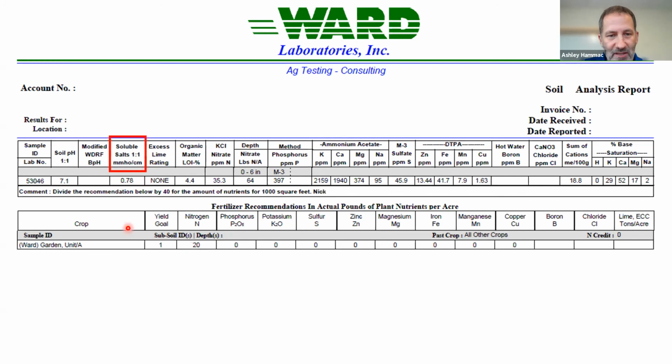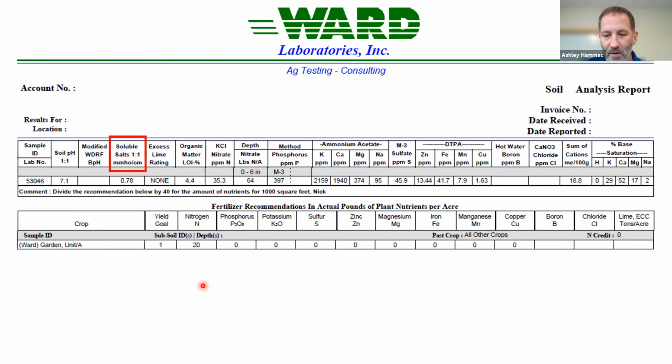And we don't have a recommendation line for whenever the soluble salts get up high, but if it does get up high, you might see a note down at the bottom saying your soil salinity is getting high. You need to take measures to address this.